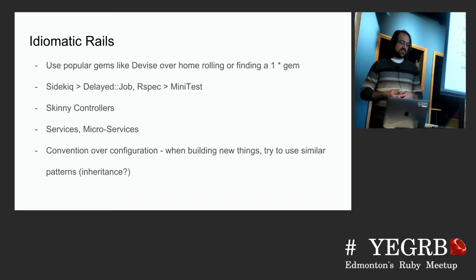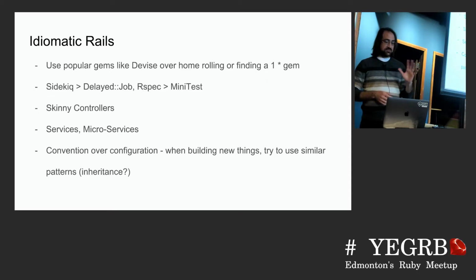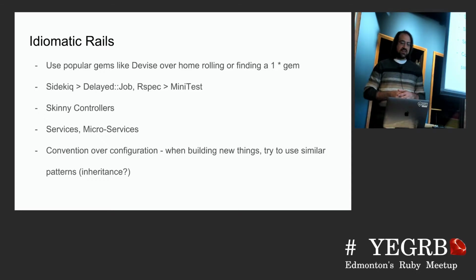Skinny controllers. This is kind of a modern one that used to be different. It used to be all about fat models and skinny controllers. Now we're trying to push all of that business logic somewhere else and out of controllers. I won't say that fat models is a thing, because now people are moving away from that and towards services and microservices, which I think is a big change going on in the community right now.